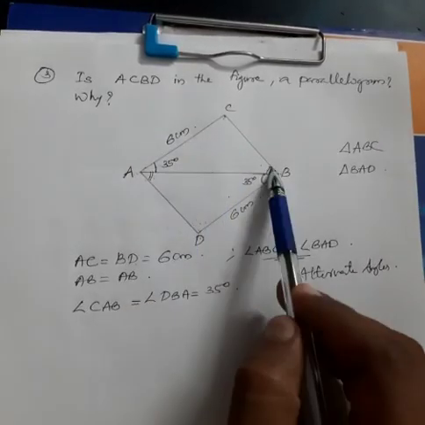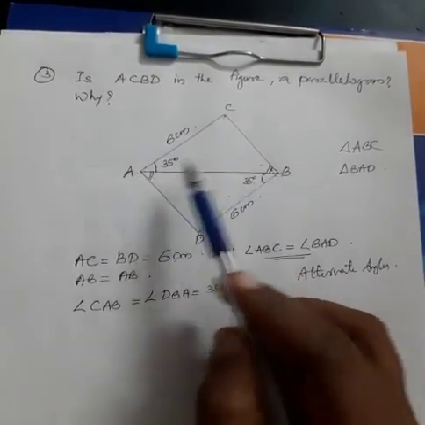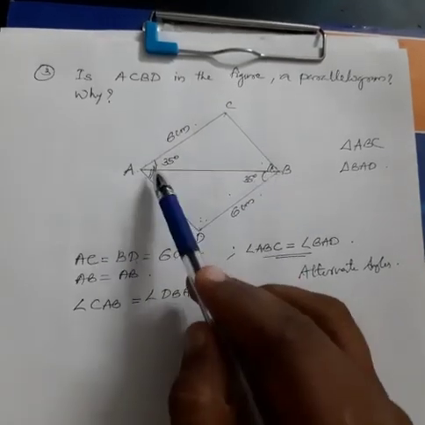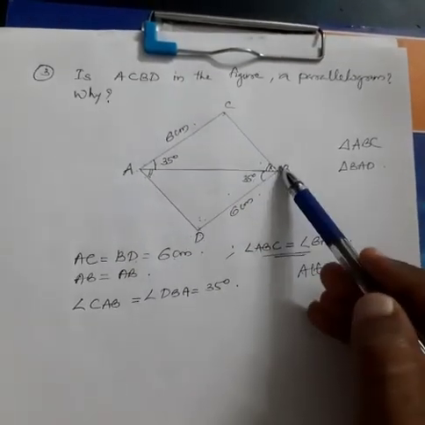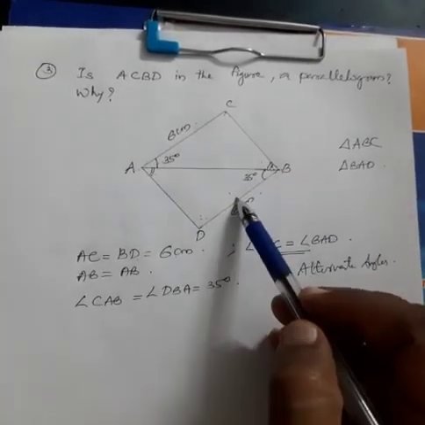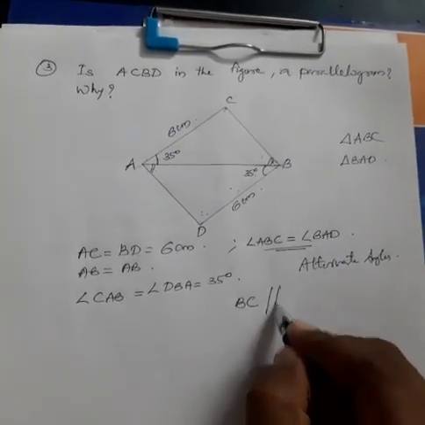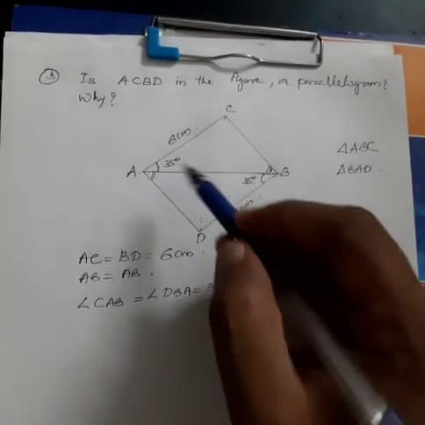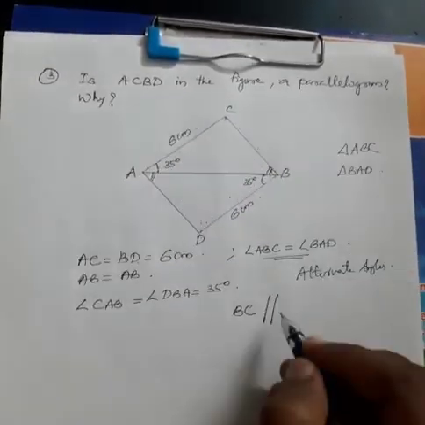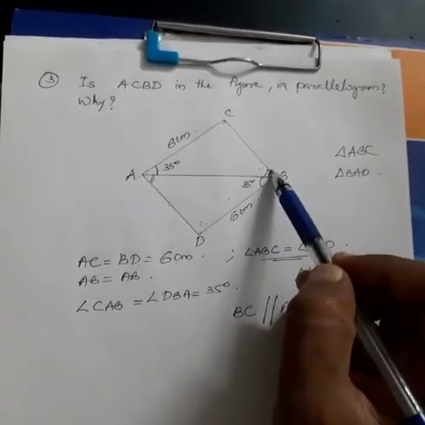Angle ABC and angle BAD are the alternate angles made by the line AB meeting the pair AC and BD. So these two lines are parallel. So BC is parallel to AD. So these are also parallel lines.